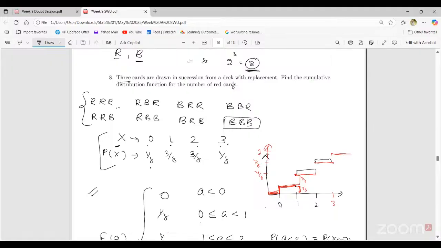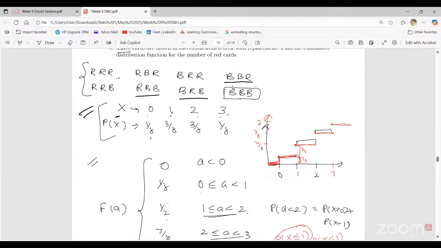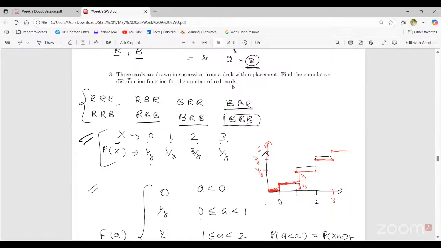I have 3 cases from 8 in which I am getting 1 red card, so this will be 3 by 8. Similarly, for X equals 2, 3 by 8. And for X equals 3, it is 1 by 8. This PMF is fine? Okay. Now can we calculate the CDF? Yes, ma'am.